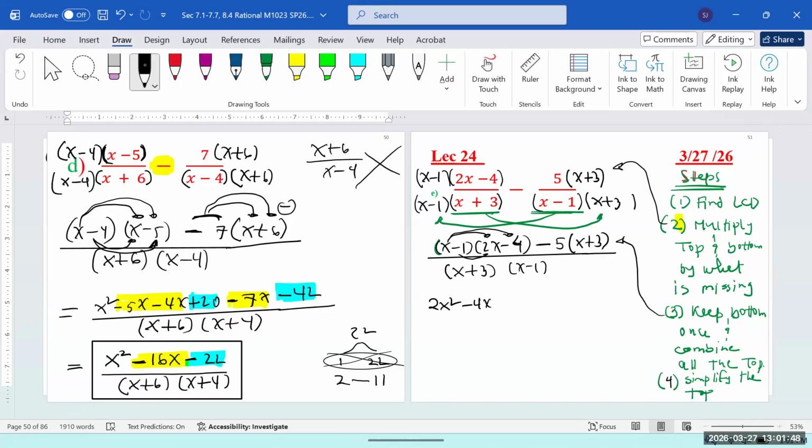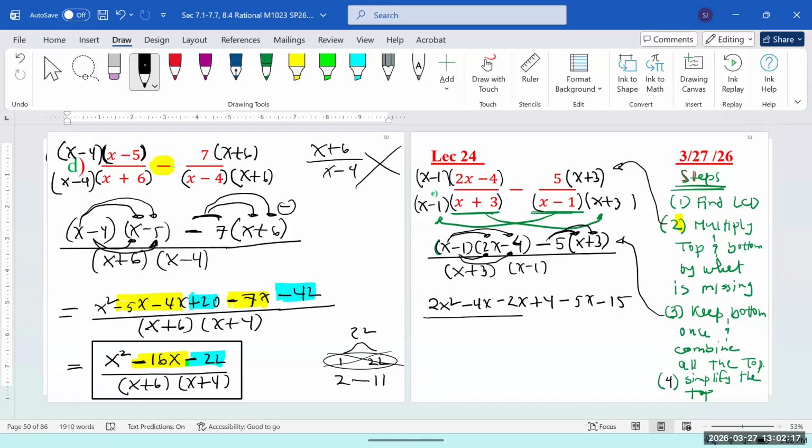Then negative 1 times 2x, negative 2x. Lastly, negative 1 times negative 4, positive 4. So we distributed the first numerator. We are going to do the same thing on the second numerator. We have negative 5 times x, negative 5x, and negative 5 times 3, negative 15.